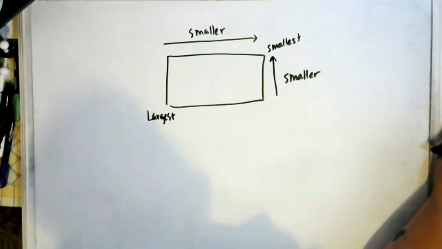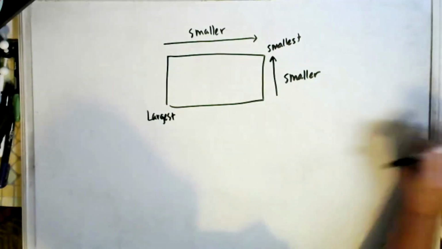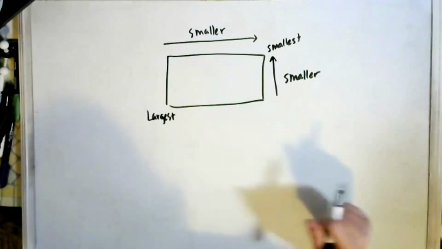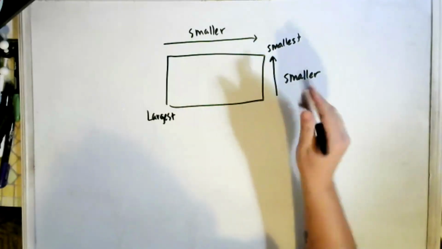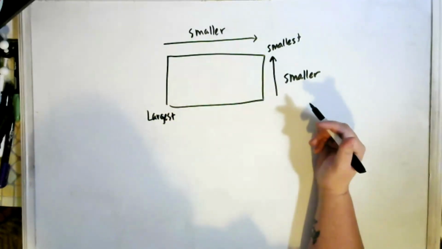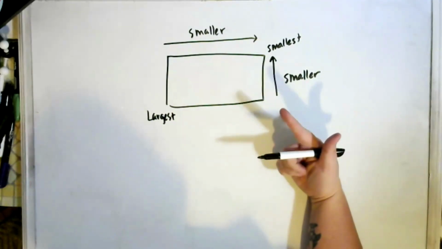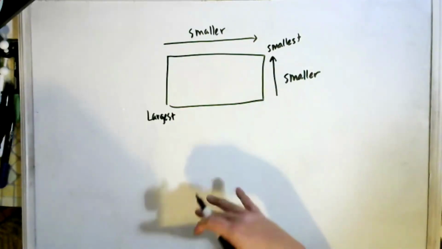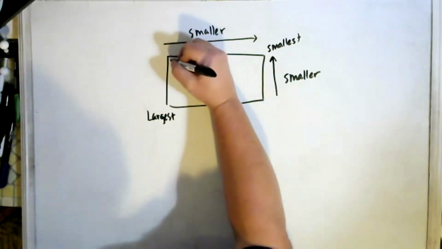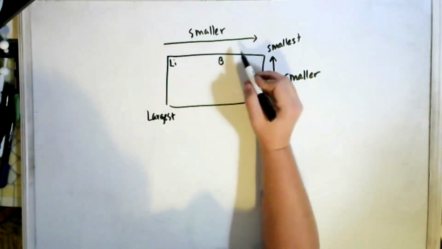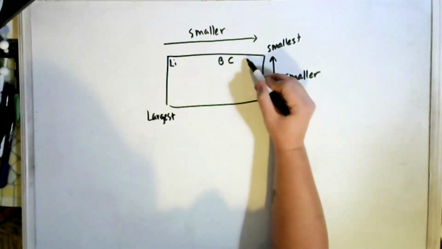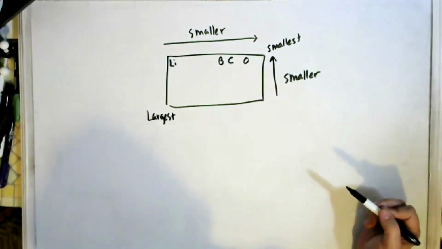If you have something like this sketched out, it's helpful because you can place the answer choices on your mocked up periodic table and do a direct comparison. Lithium, boron, carbon, and oxygen are all in the same row of the periodic table. Lithium's over here, boron's over here, carbon's next to it, and then oxygen's a little further over.